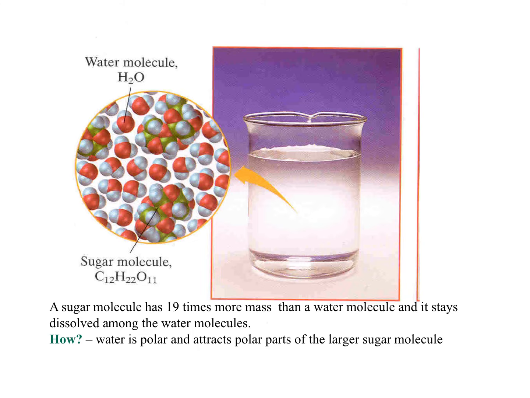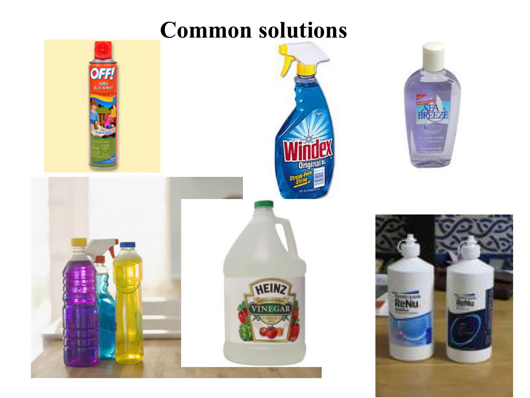And then another example of a solution would be sugar water. If we dissolve sugar in water, we're going to get a solution. And here's a neat particle model. You can see the sugar molecule's much bigger than a water molecule, and yet water molecules can hold on to each separate molecule of sugar and keep them separated in a glass of sugar water, and we have a solution. Okay. Common solutions.